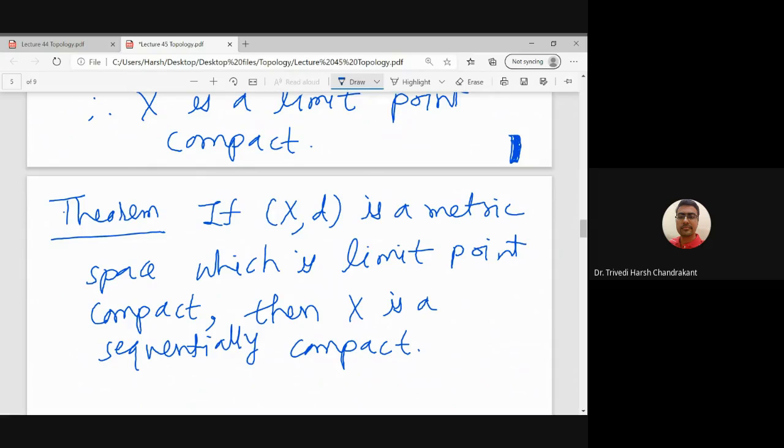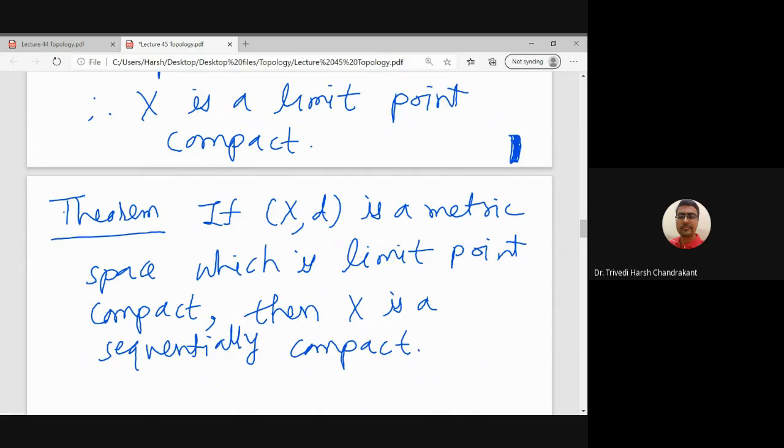In a metric space, X is sequentially compact if and only if it is a compact space, right? So sequential compactness and compactness are equivalent conditions for any metric space.